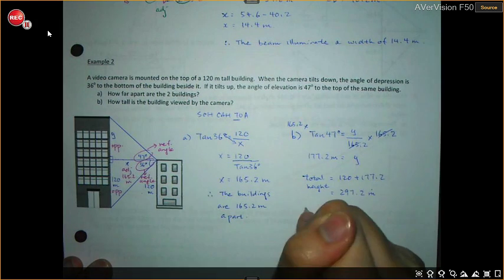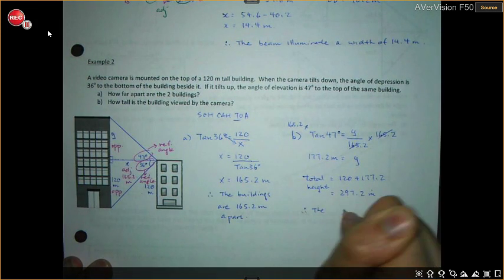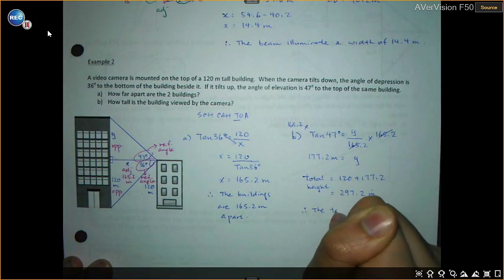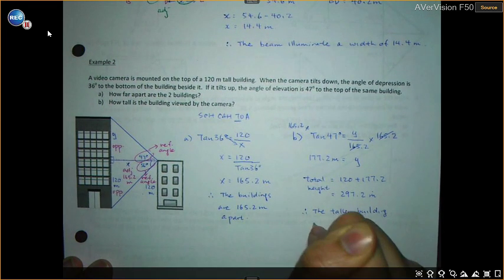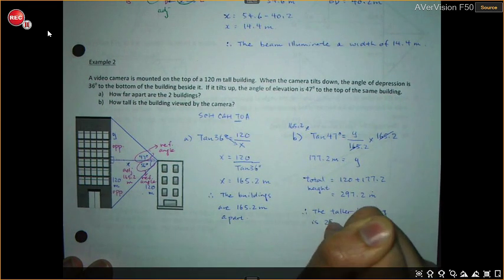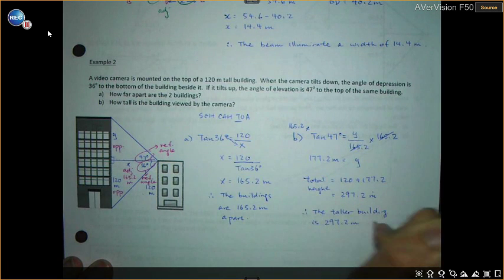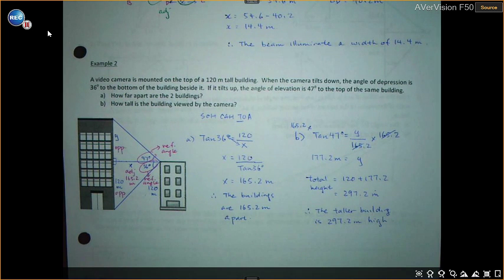So we can conclude that the taller building is 297.2 meters high. Okay.